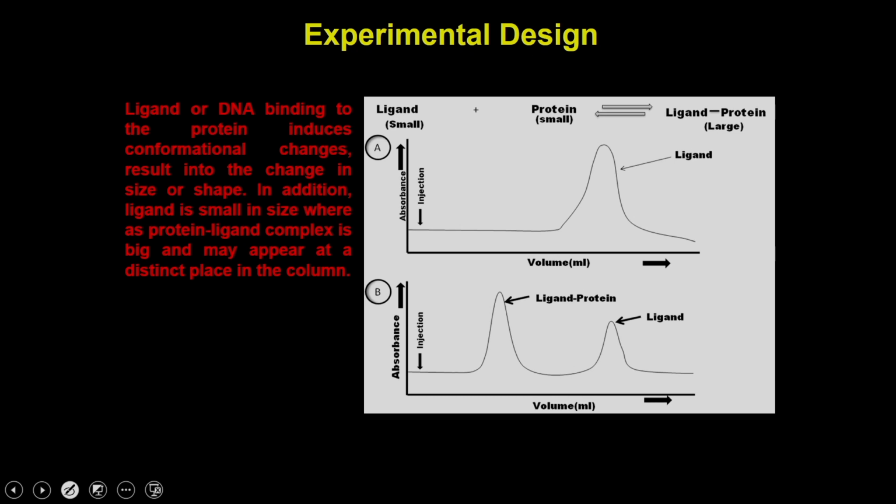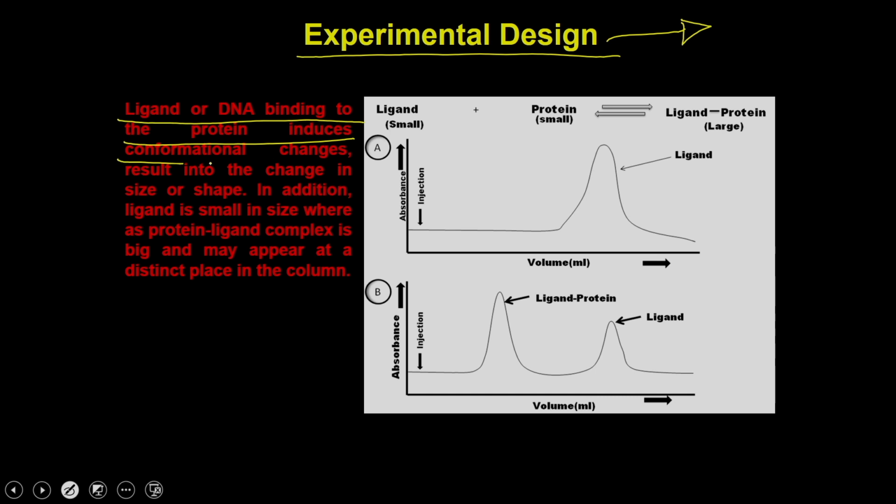Now, what is the experimental design? You are going to incubate the DNA with the protein. When the ligand or the DNA binds to the protein, it induces conformational changes in the protein and also increases the molecular weight.